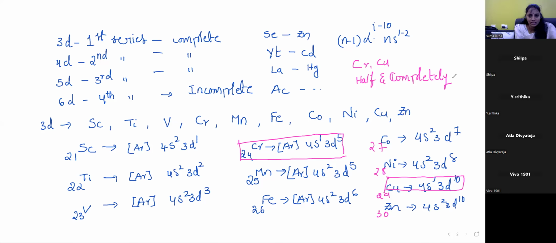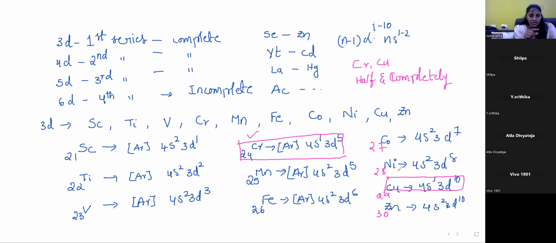That is the reason we show chromium and copper like this, without excitation. Another reason is the small energy gap between 4s and 3d in chromium and in copper.